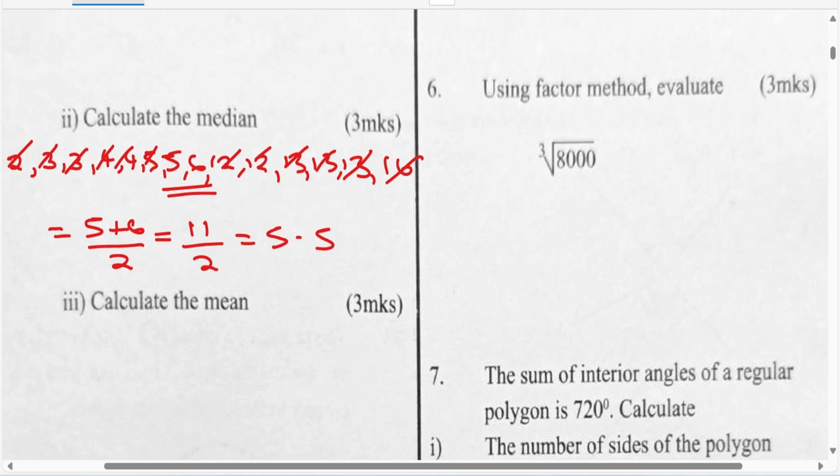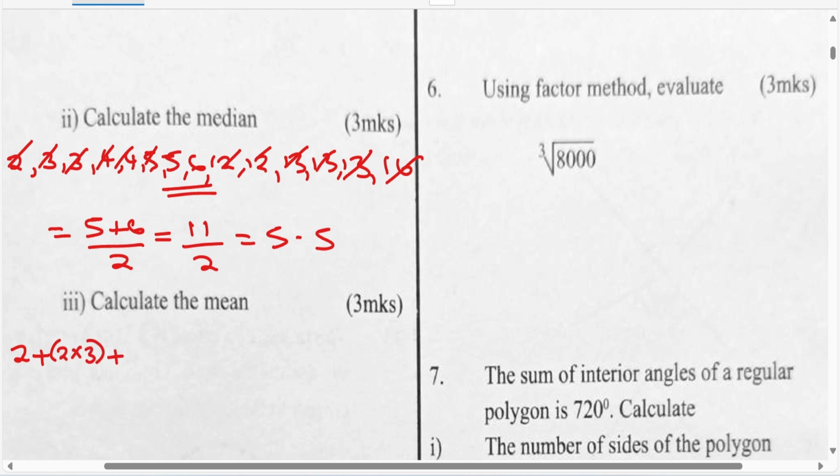Calculate the mean. Now, calculating the mean is also easy. Basically, you're just adding all of these numbers. So let's add all of these numbers. How many 2s do you have? Only 1 2. We have 2 3s, so basically I'm just doing 2 times 3.